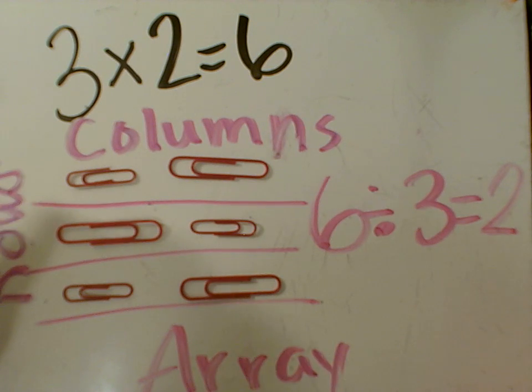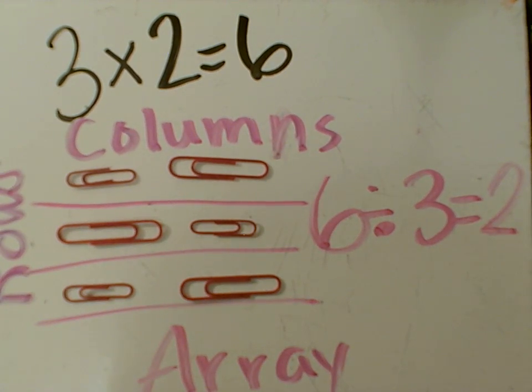All right, so remember, our math goal today is to find the relationship between multiplication and division. So just take your time, be patient with yourself, because we all take different amounts of time to understand new math concepts. It's okay if you don't get it right away. I struggled when I was younger with division for a long time, and I finally got it one day and it felt so good.